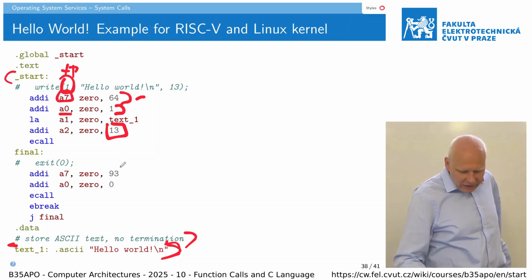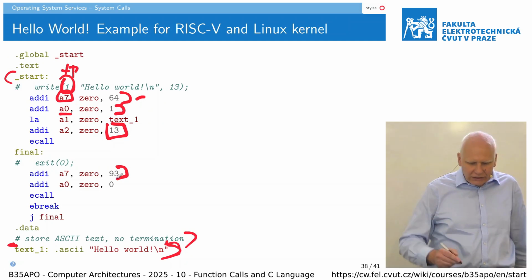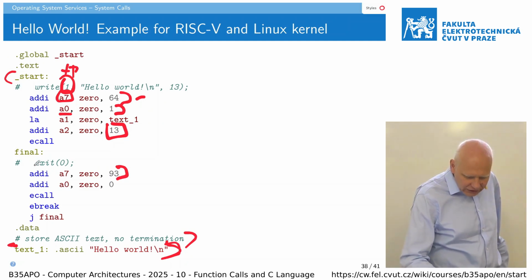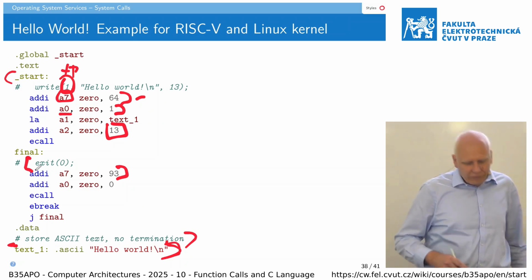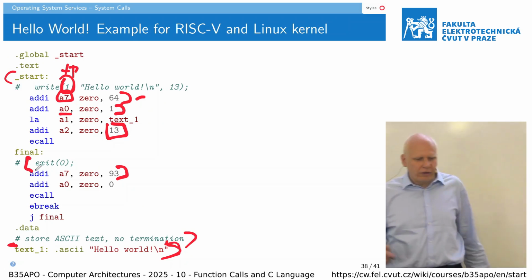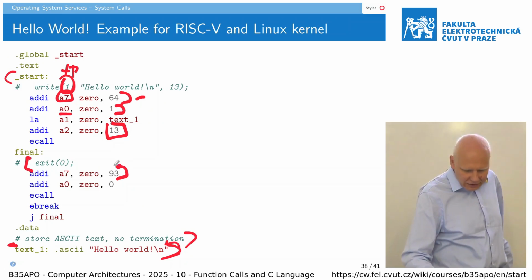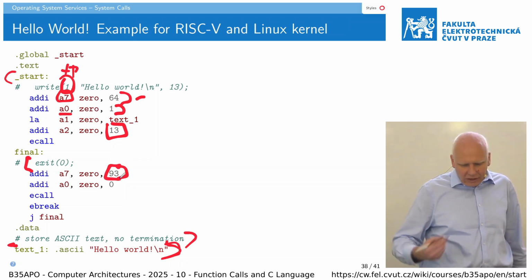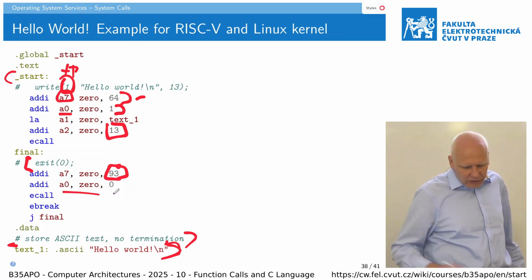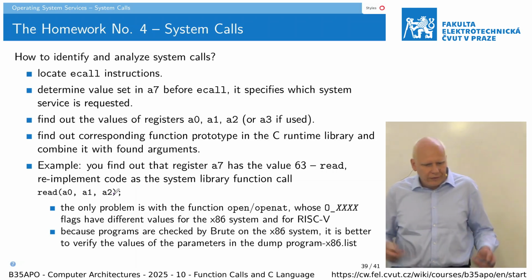And then it is necessary to finish the process. The process is finished in this case by the exit function or system call, and it has the system call number 93 and a return value which is 0.